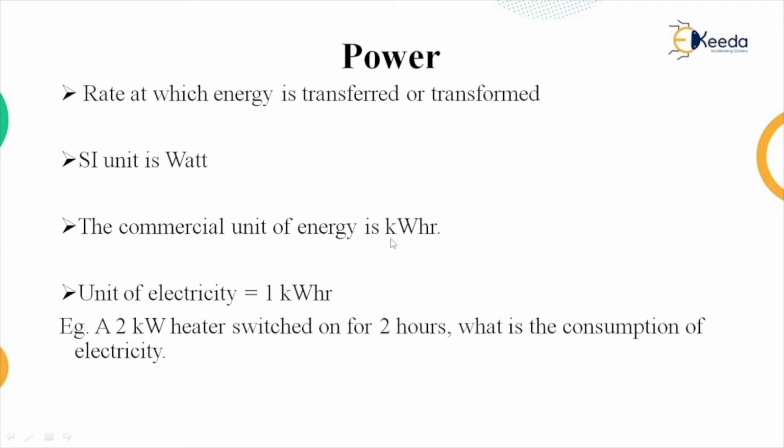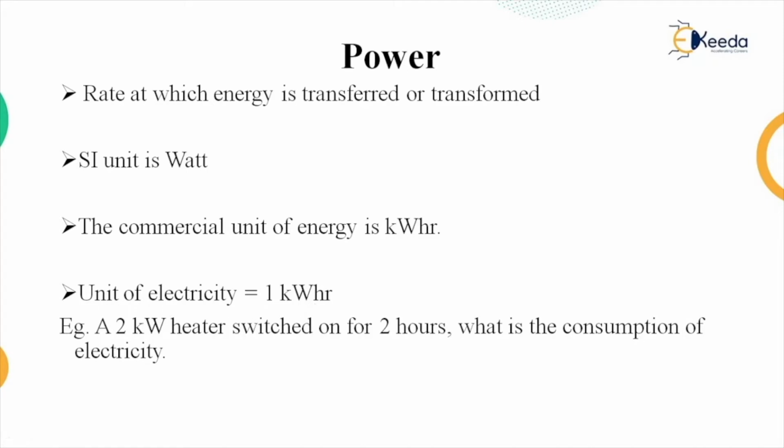In this, k is small, W is large, h r is small. So why is W in capital? Because watt is the name of a scientist, and for every name of a scientist we use a capital letter.